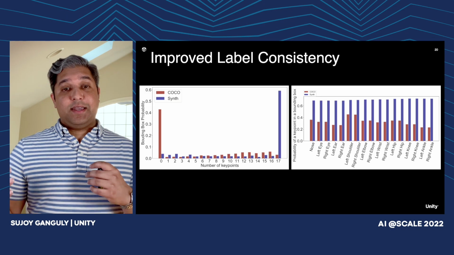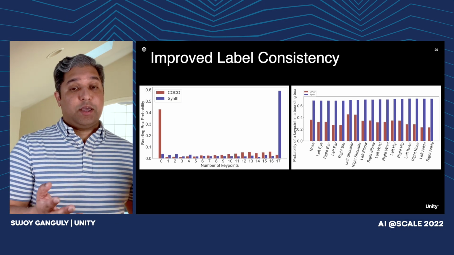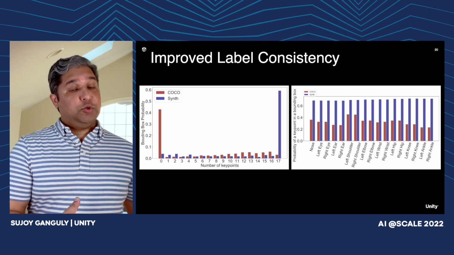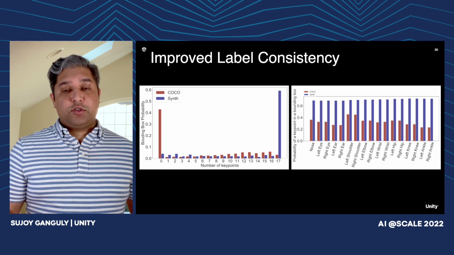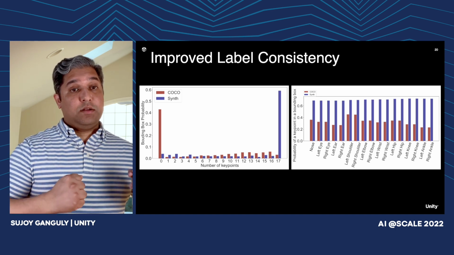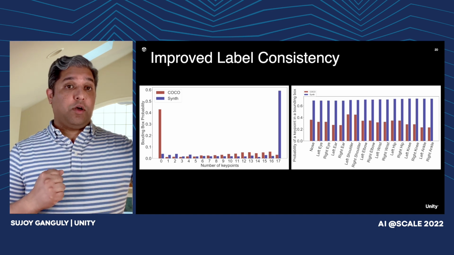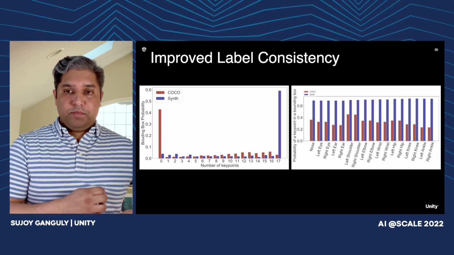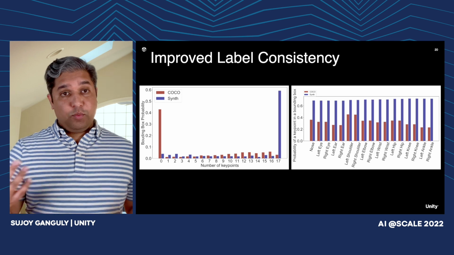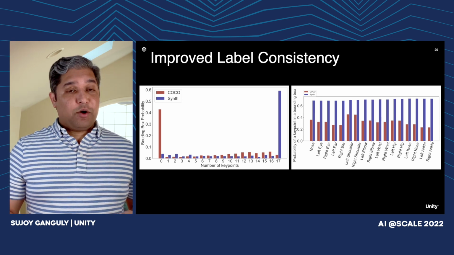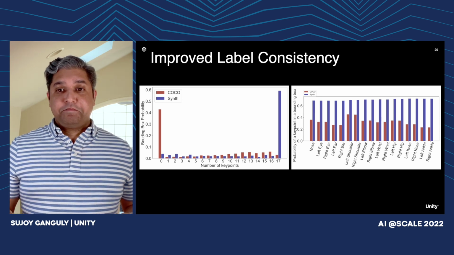Now, you also see that in synthetic data, sometimes you also don't get all the key points, and that's because of occlusion. So here, we've turned on the occlusion setting so that even if a key point is hidden by a person themselves or another object, it's not being labeled. This can also be switched back so that you can even see those if you want, because with synthetic data, it's just a matter of changing something in the command line.